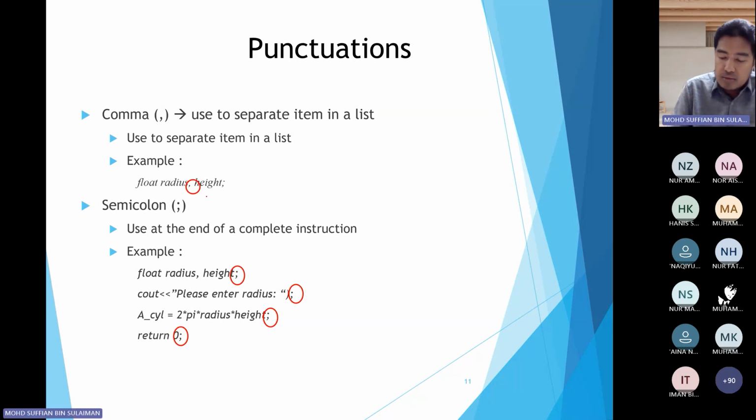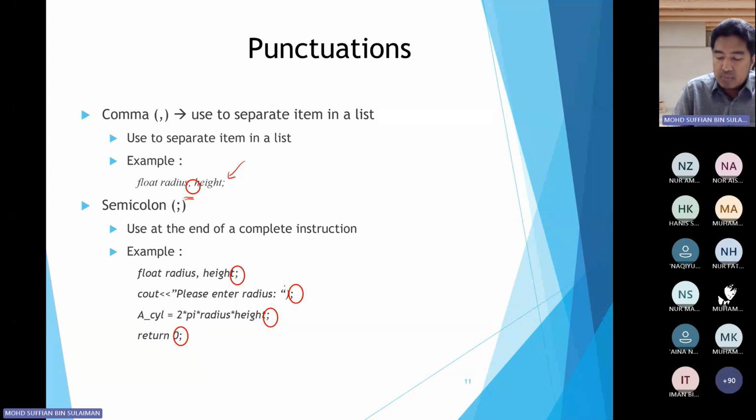Okay, for example, let's say you have more than two variables, you can just separate them by using a comma. For example, in this case, we have two variables, radius and height. Both of these variables have data type float, so you can put it like this. And don't forget to end your line of code with a semicolon. So this is what we call a semicolon.